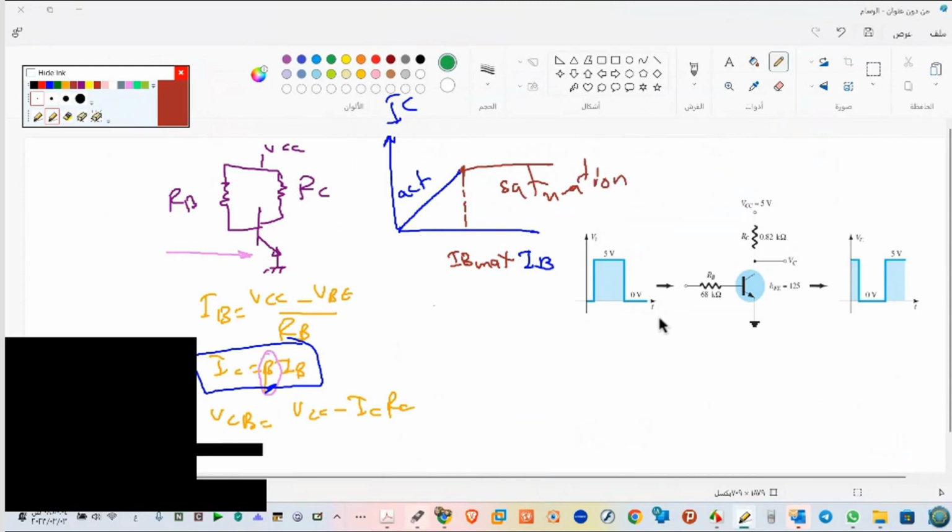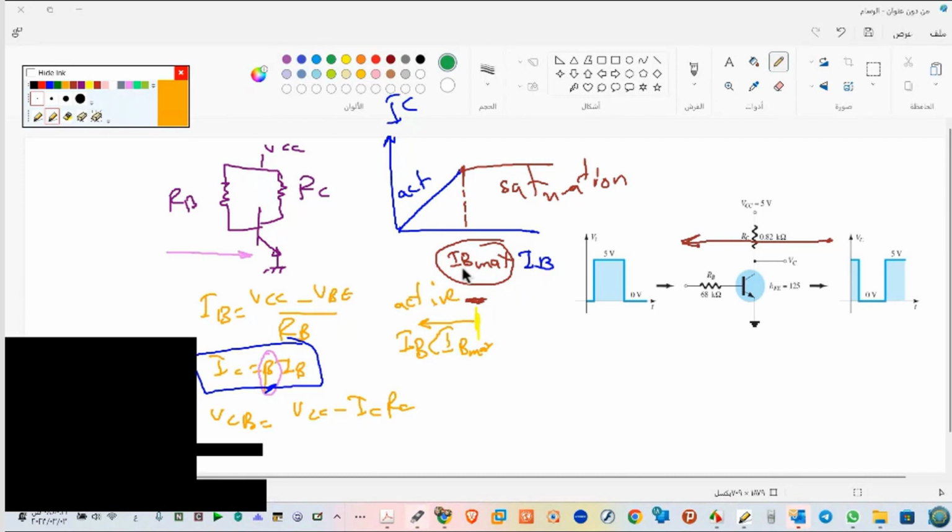So how can I start to solve this example? I will start from out to in. From out, I need to determine this formula. I want to know IB max. See this point, see my hand. If I want to work in active, IB should be less than IB max. So it is active.